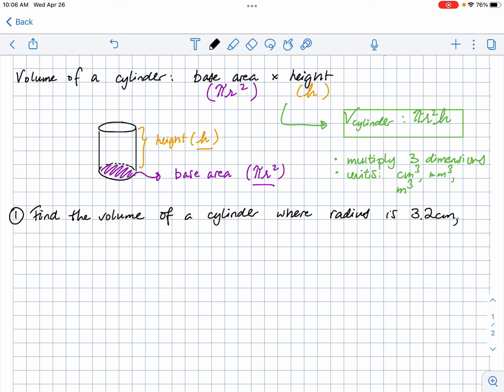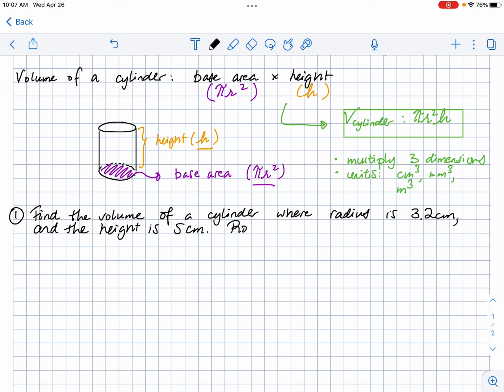And I also have to give you the height too. And the height, so make sure that you're given these dimensions. You could be given the diameter instead of the radius. That's okay, you can work out the radius. If you're asked to find the volume of a cylinder, the height has to be given either like this or in a diagram. And the height is 5 centimeters.